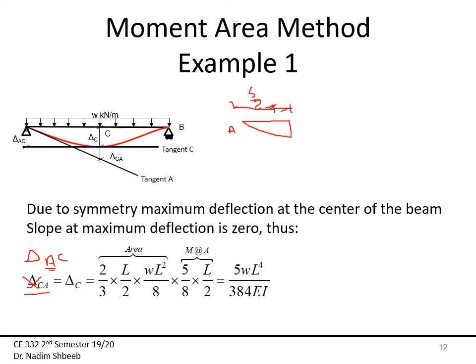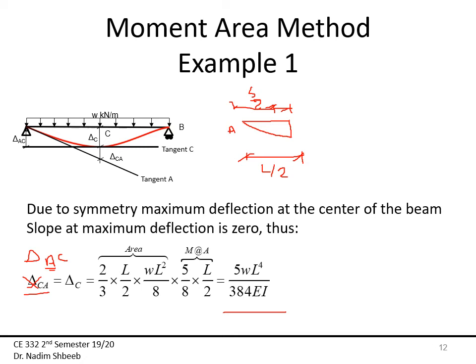Hence 5/8 times, and this distance obviously is L over 2. So please make note in your notes to change that to delta AC and not delta CA. So the maximum deflection is equal to 5WL to the 4th divided by 384 EI.